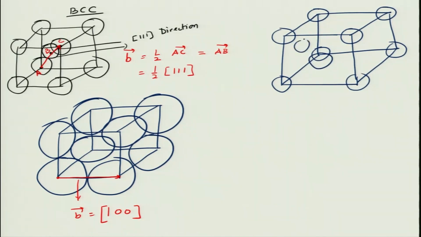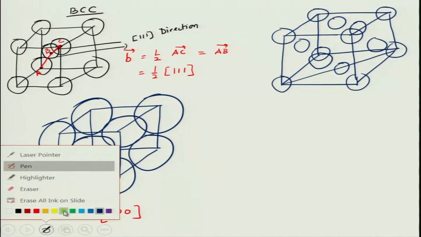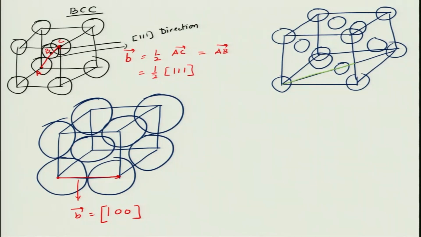There is one here, one here, one here, one here, one there and one here. All these atoms within a plane touch each other. So, let us say this is the close pack direction.